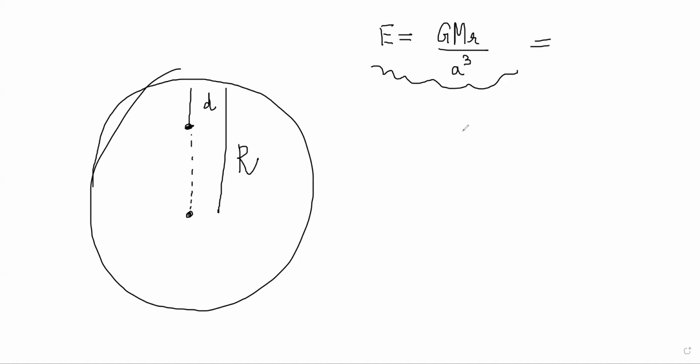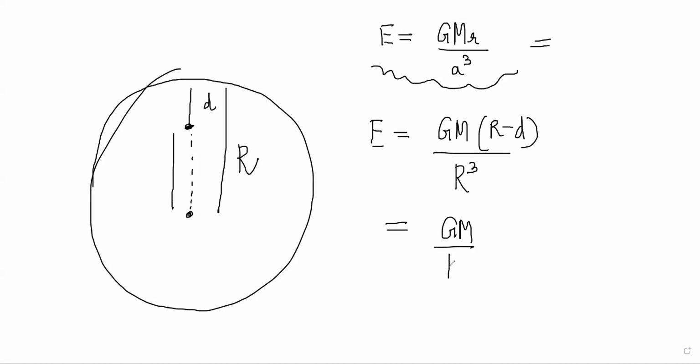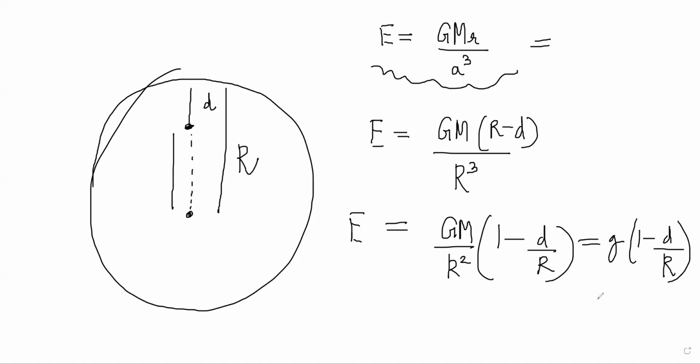So in this case it will be GM small r, which is this distance, capital R minus d, by capital R cube. Again you will get GM by capital R square, taking R common, 1 minus d by R, which is basically small g into (1 minus d by R).